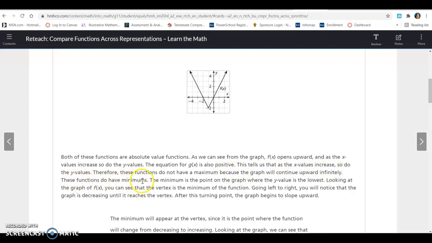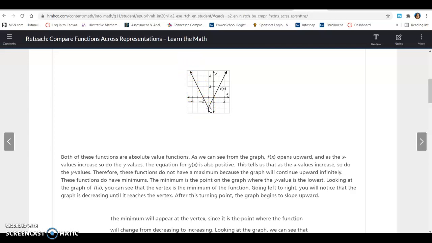These functions do have a minimum. The minimum is at the point on the graph where the y value is at the lowest. Looking at the graph of f of x, you can see that the vertex is the minimum of the function. So the vertex is right here. Going left to right, you will notice that the graph is decreasing until you reach the vertex.